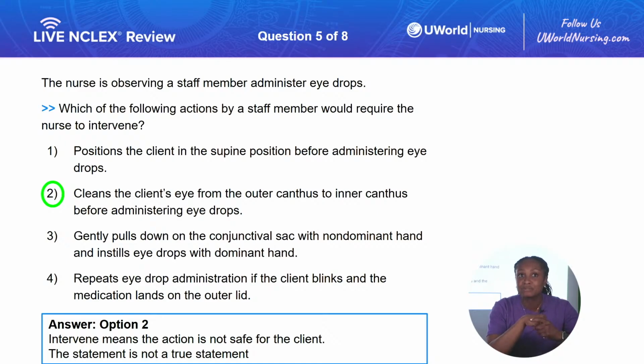Option 3, gently pull down the eyelid with the non-dominant hand and then doing the eye drops with the dominant hand. And option 4, repeat the eye drop administration if the client blinks, because obviously if the client didn't get the eye drop in the actual eyeball, then the medication won't be able to do its action. So put it in the actual eye. So that is correct and great.